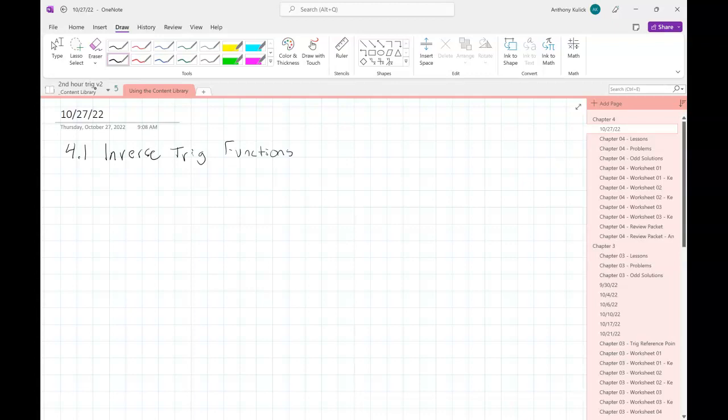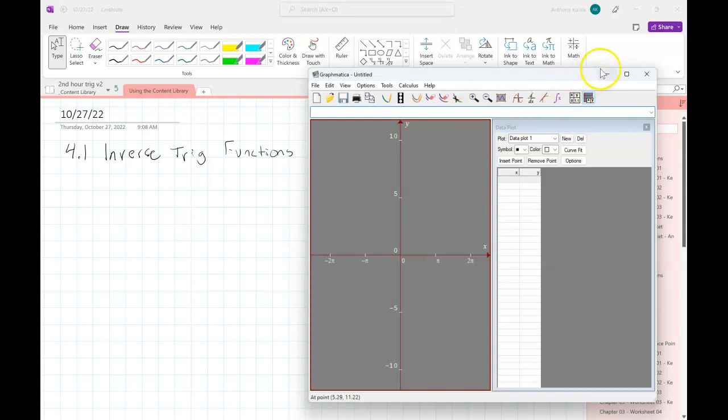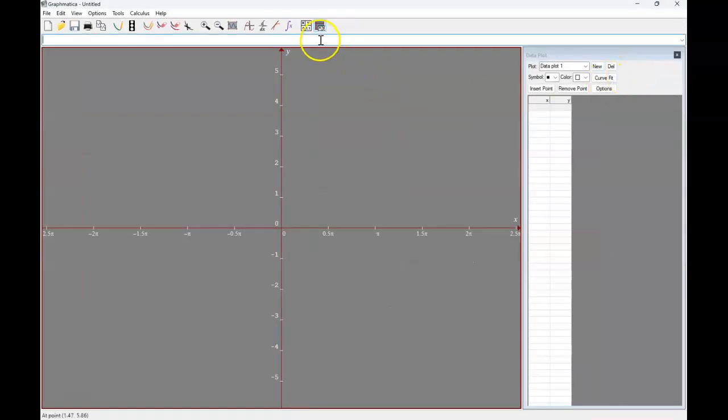All right. So section 4.1 is about the inverse trig functions. I'm going to do the conceptual piece. I'm going to talk about it and generate some graphs and explain what's going on.